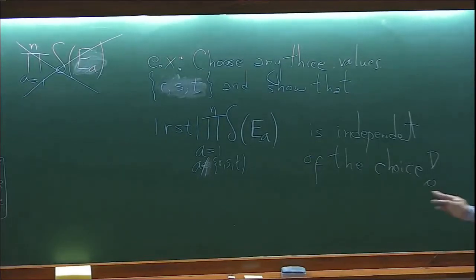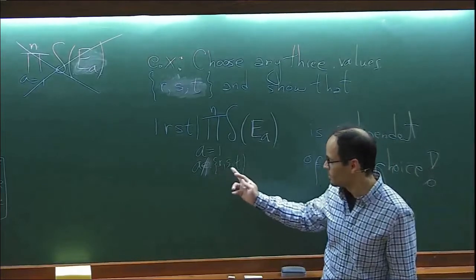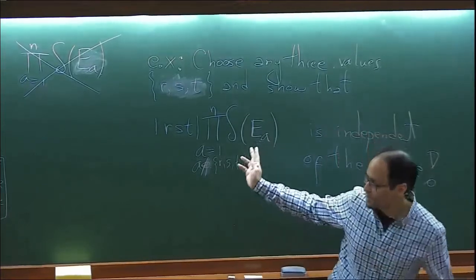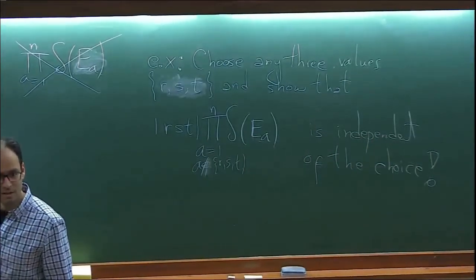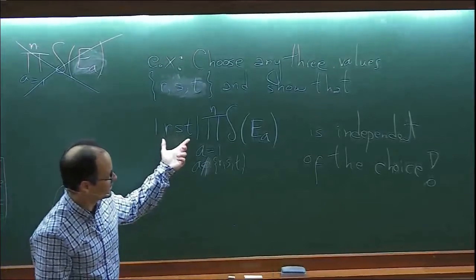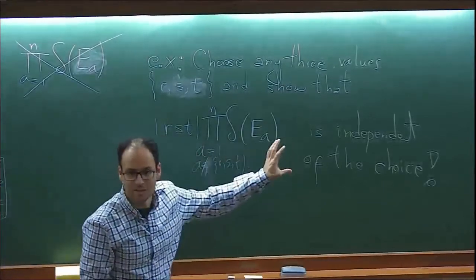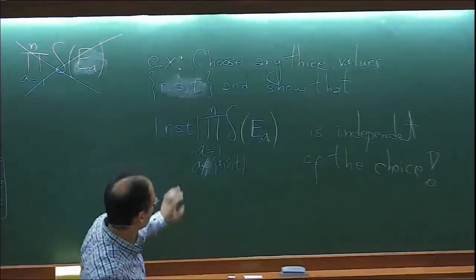The way to prove it is to choose a different value for one of these equations that you remove, and then use the linear dependence to show precisely that the ratio of the two Vandermonde determinants is precisely the price you pay for changing one equation by the other. Okay?